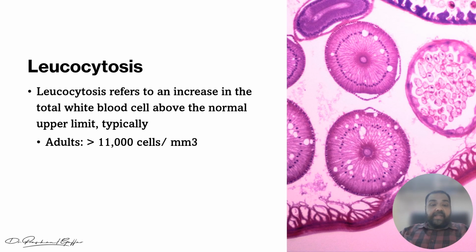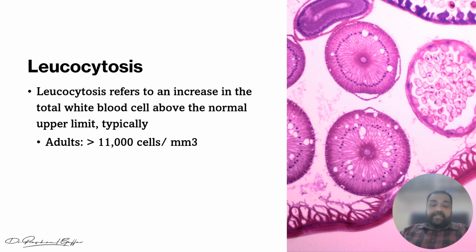So leukocytosis refers to an increase in the total white blood cells above the normal upper limit, typically more than 11,000 cells per cubic mm, right? The normal value is 4,000 to 11,000 per cubic mm. You did the practical in first BHMS, the differential count and the WBC count in the Neubauer chamber, right?